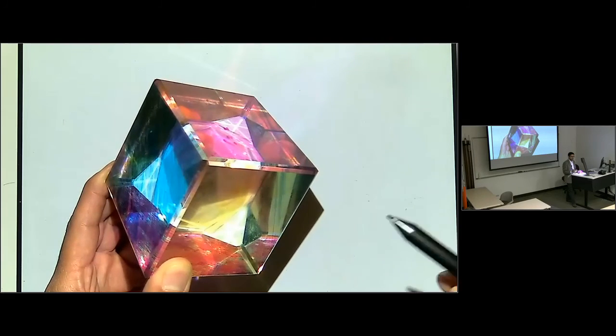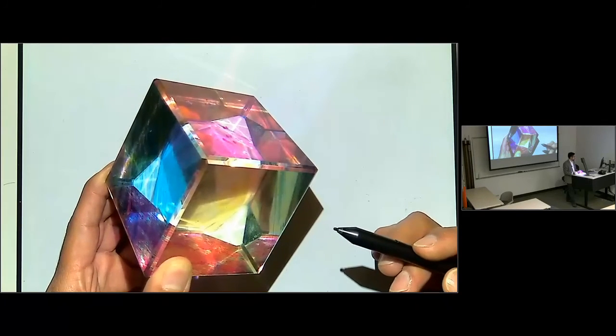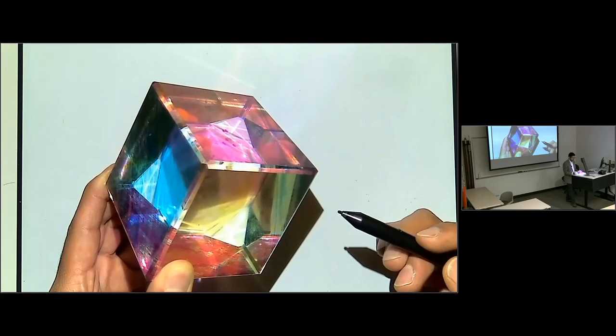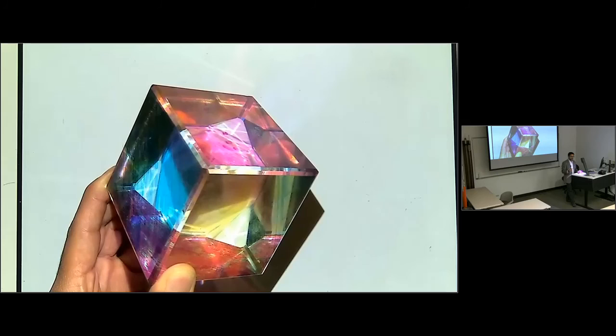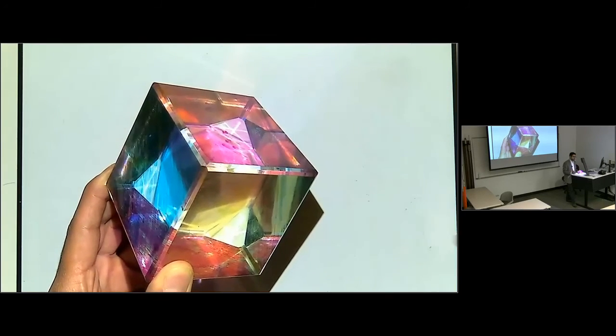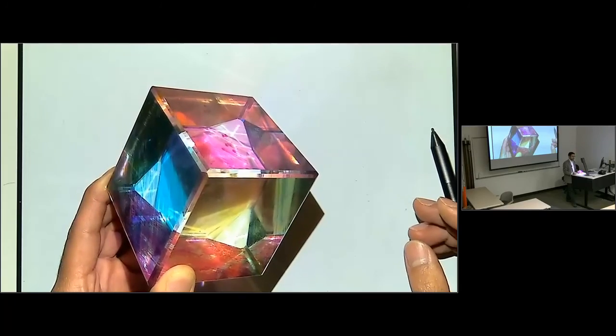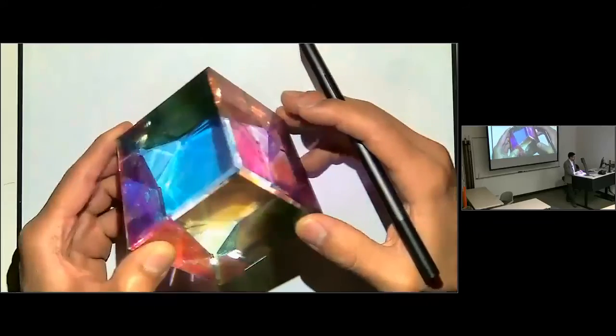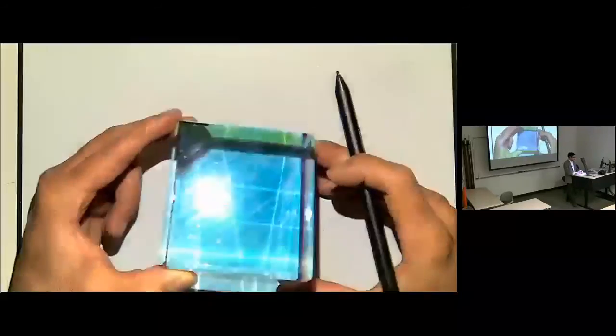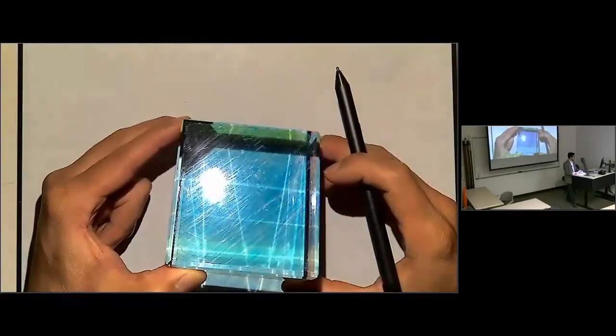Well, we see all those colors and all those combinations because we're looking at a direction which is not the one that reveals the true colors of this cube. I can rotate this cube, and if I look at it in the right direction, I will just see one color.